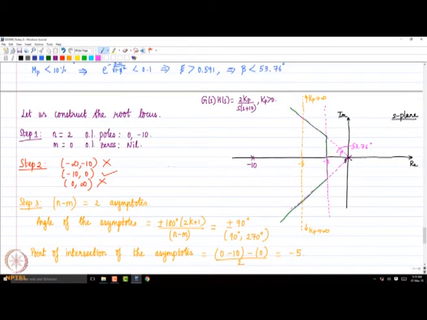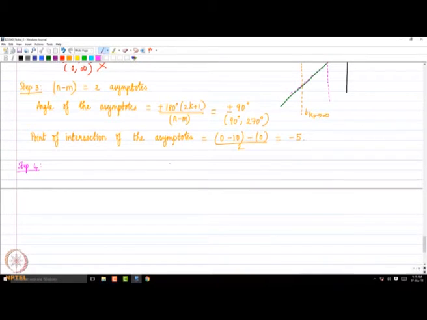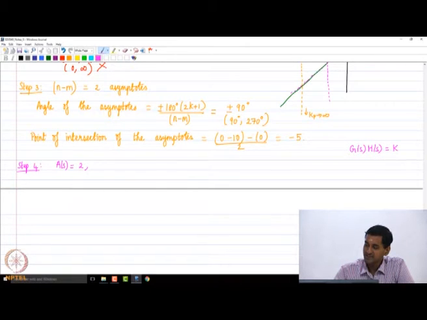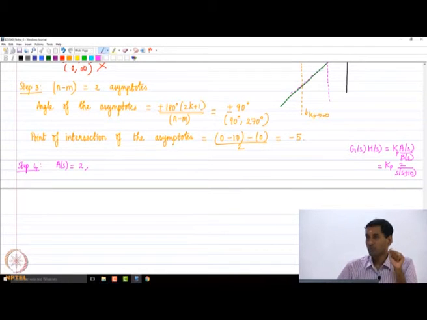Immediately you see that the polynomial a of s in this case is going to be 2. Please note that g of s, h of s, we need to write as k times a of s divided by b of s, of course in this case kp. So, kp times 2 divided by s times s plus 10, that is our open loop transfer function.